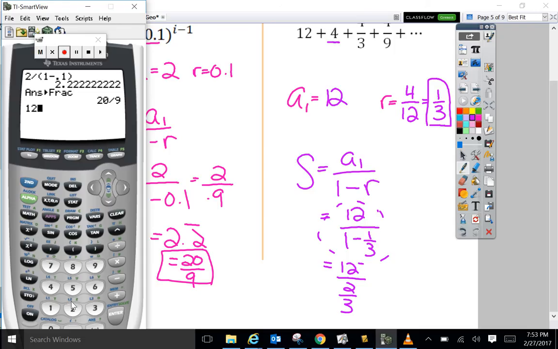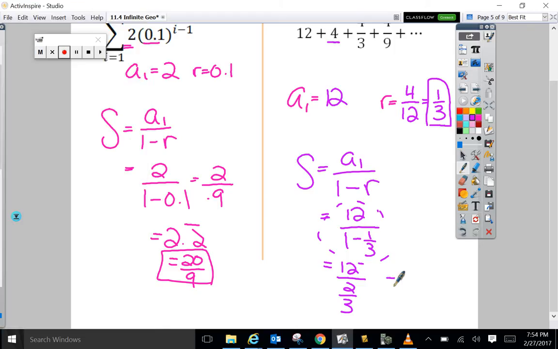So you do 12 divided by parenthesis 1 minus, in parentheses again, 1/3. Close your parentheses. You should get 18. Please take a minute and practice getting that put in the calculator correctly. If you did 1 minus 1/3 first and got 2/3, 12 divided by 2/3 should still give you 18.